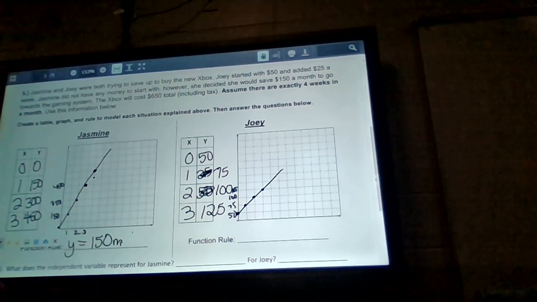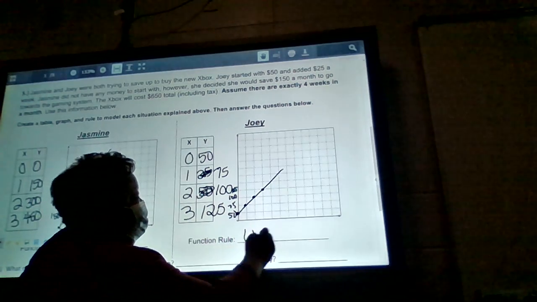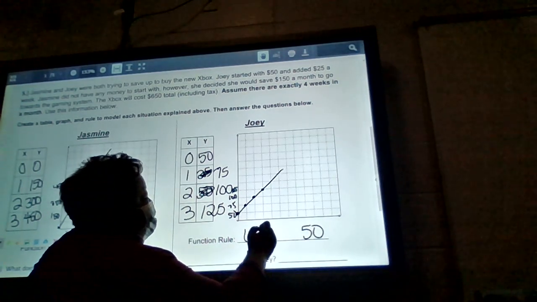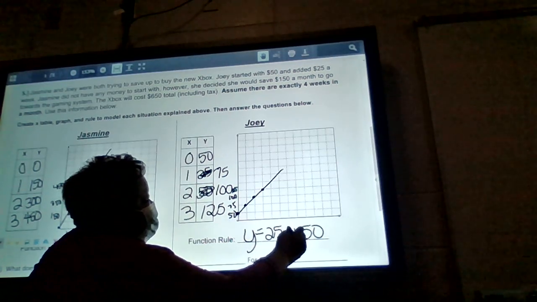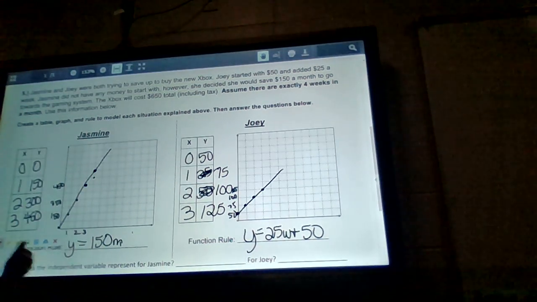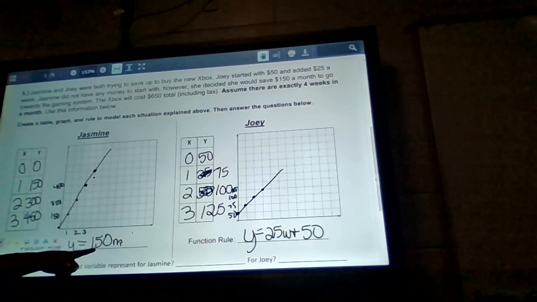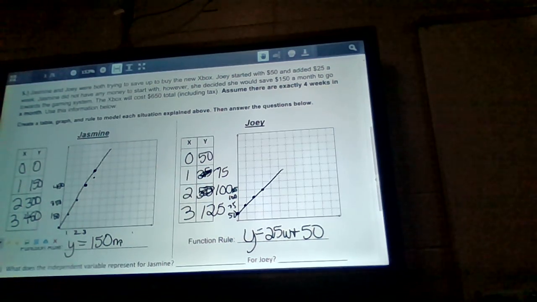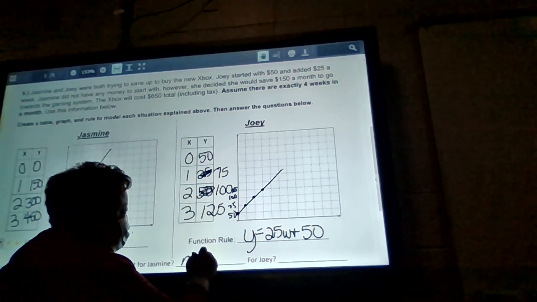Y-intercept is the initial value. Here, we know he starts out with $50, right? And then he adds 25 each week. So that's Joey. So the independent variable for Jasmine is months. The independent variable for Joey is weeks.